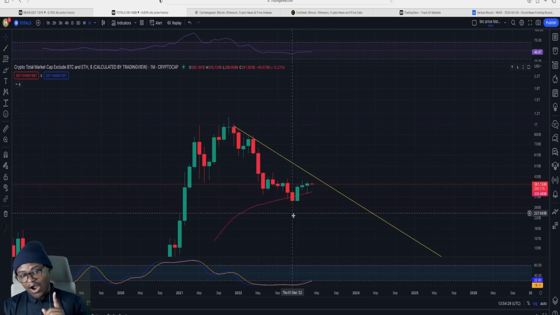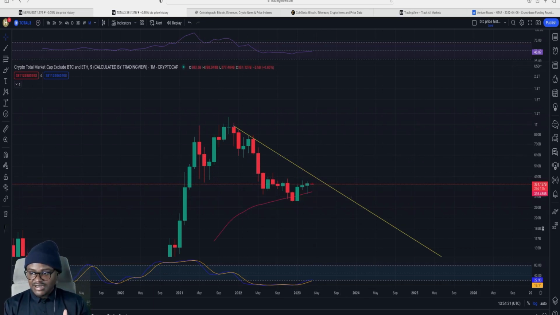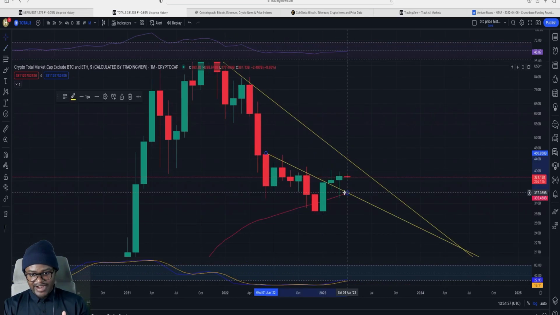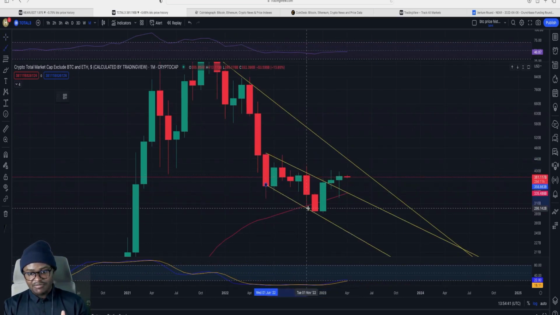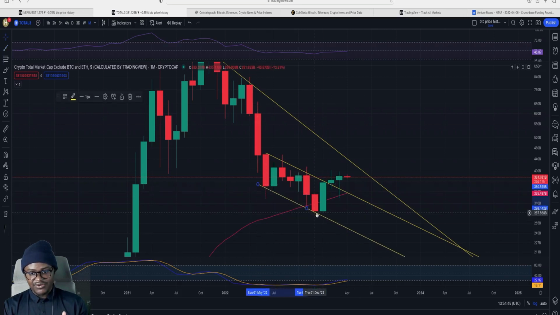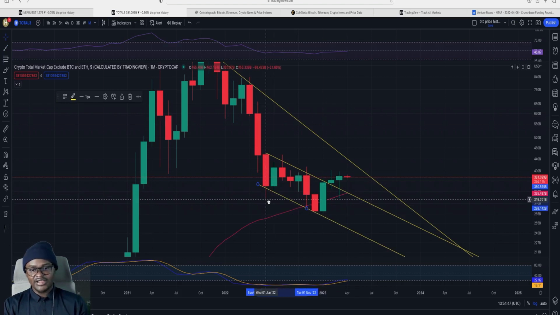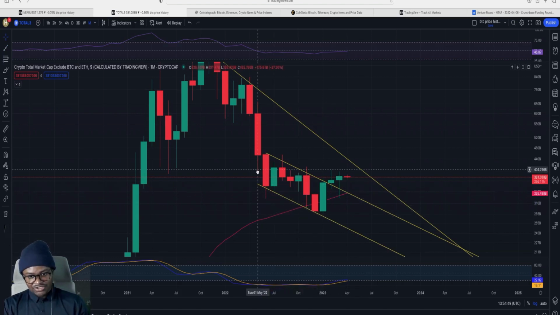However, there is another descending channel right here where the altcoin market has actually broken out of. We can see that the altcoins have actually broken out of this descending channel, and we should expect that it goes for the first target of that channel. Where is the first target?